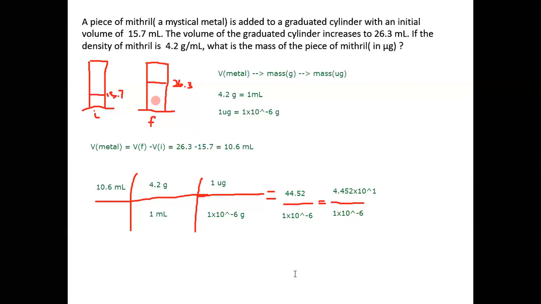When you divide, you subtract exponents. So 1 minus a negative 6 gives us 7. So this would be 4.452 times 10 to the 7 micrograms. That's just an easier way to do it, because if you forget the parentheses on your calculator, you may get the incorrect answer. So we multiplied what's on top, wrote the top number in scientific notation, and when we divide, we subtract exponents. We got 10 to the 7th. So there's 4.452 times 10 to the 7th micrograms, but we're not finished yet.